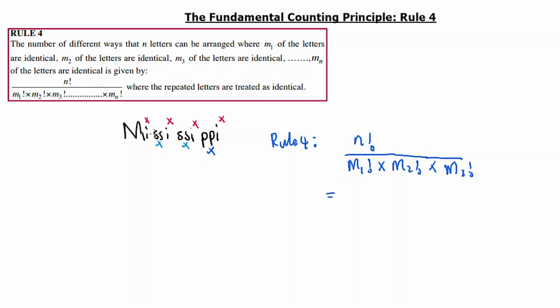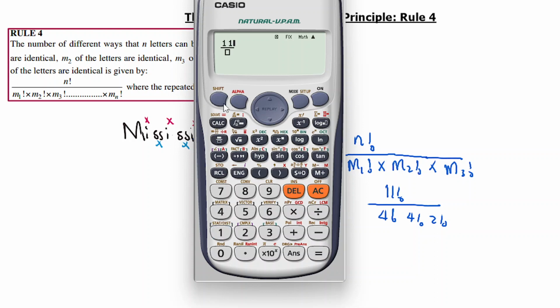Here n is the number of letters, 1 2 3 4 5 6 7 8 9 10 11. So it's 11 factorial divided by m1, the I's, 4, so 4 factorial, the S's also 4, so 4 factorial, and the P's 2, so 2 factorial.